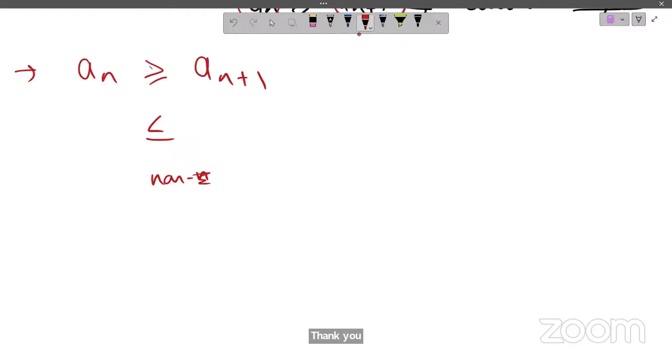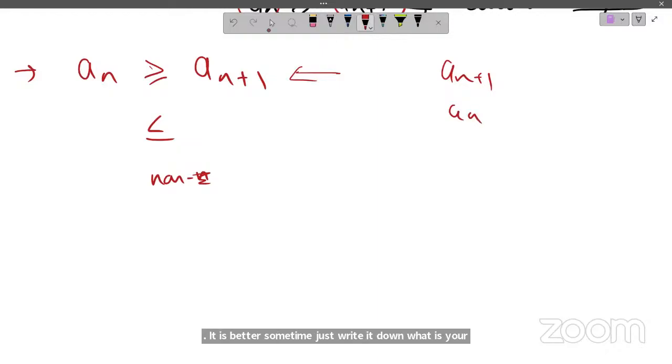So it is better sometimes to just write down what your an plus 1 and an are, and then try to observe whether we can find a relation or not. It requires a little bit of practice, but it can be done. Okay. So this option is clear to you, right?